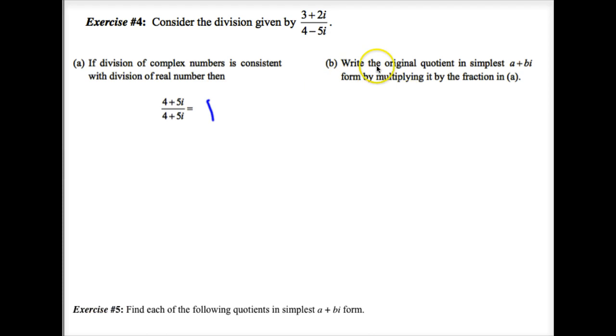So letter B, write the original quotient in simplest a plus bi form by multiplying the fraction. This is as hard as it gets with complex numbers. My original division was 3 plus 2i over 4 take away 5i.